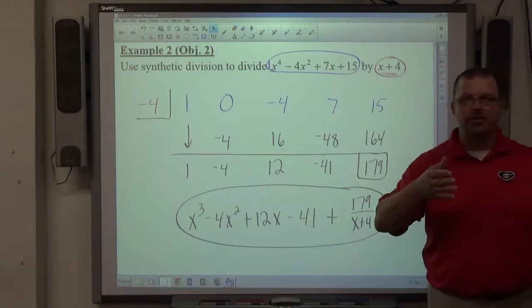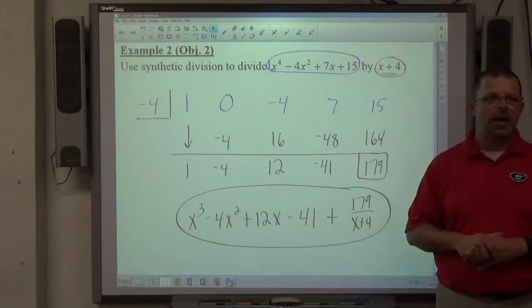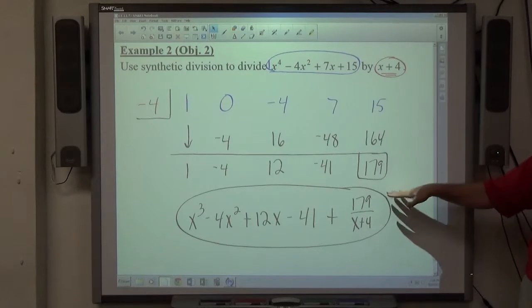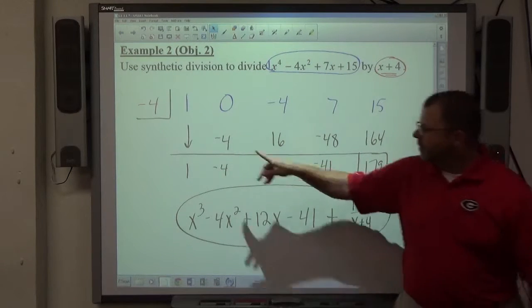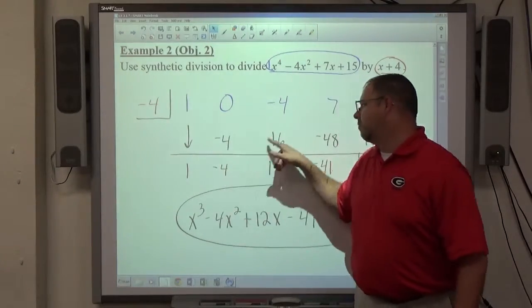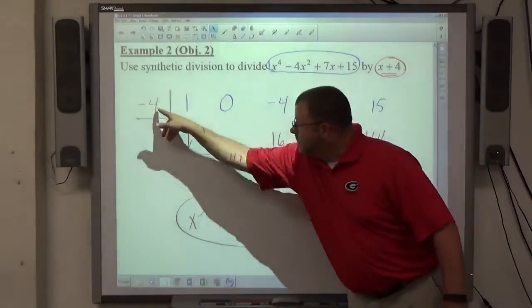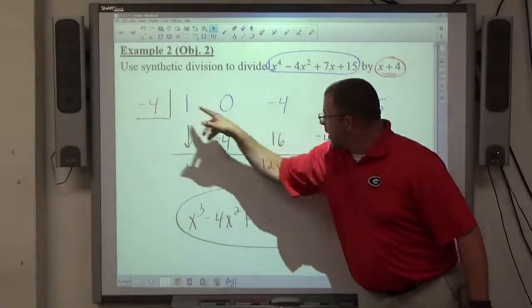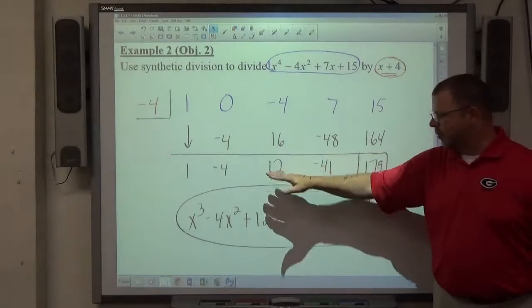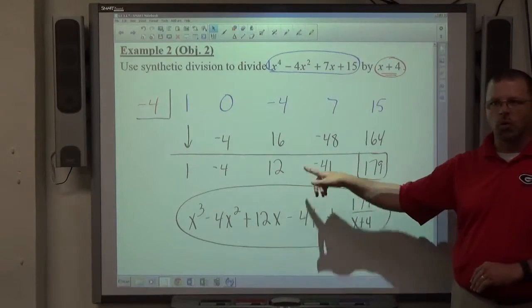X squared minus 75, can't do it. X squared's no good. It's got to be x, and it's got to be plus or minus a number. And that's all there is to it. Drop the first number down. Multiply, add. Multiply, add. Multiply, add. Once you get all your numbers, construct the answer from your coefficients.